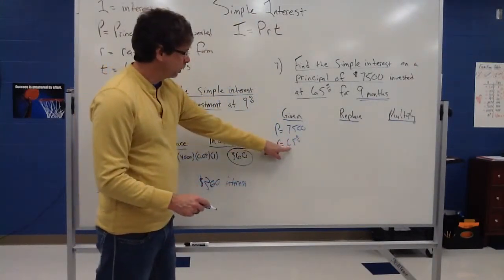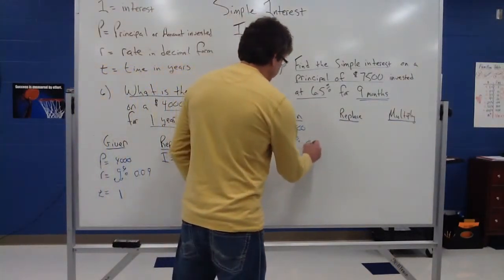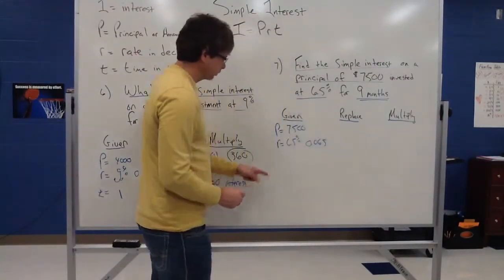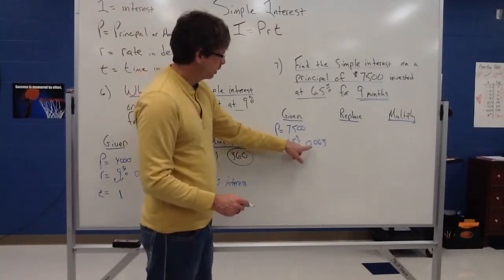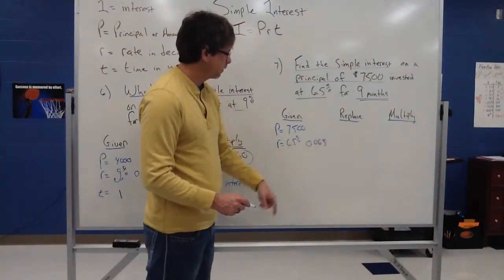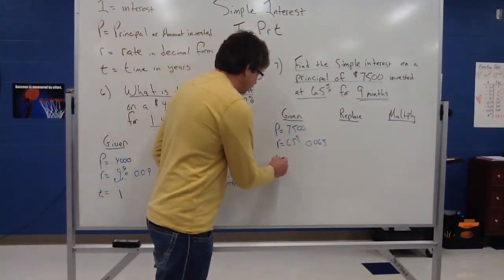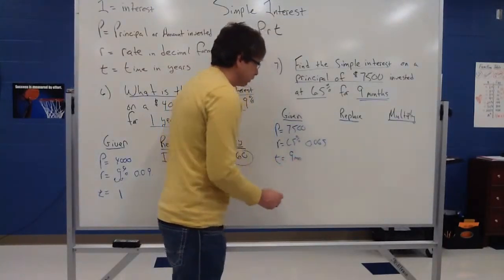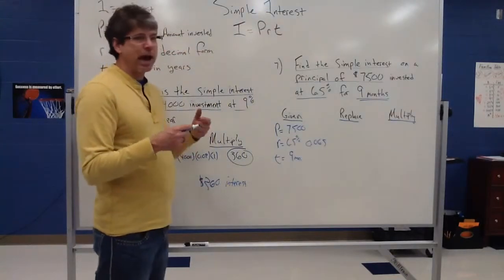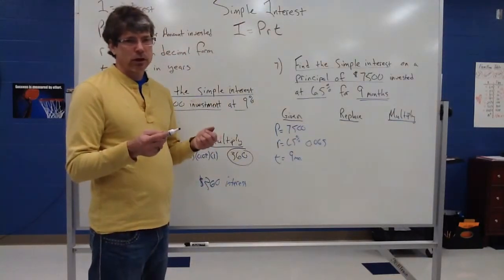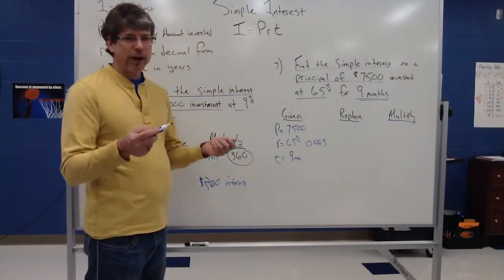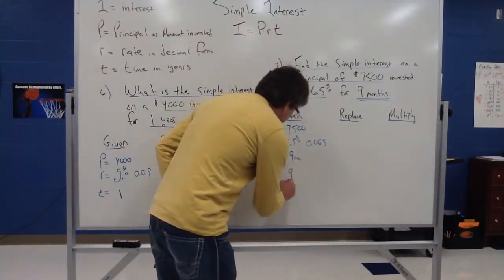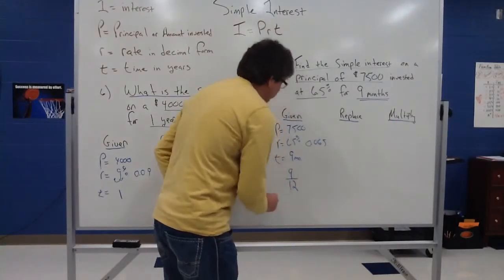So if I move the decimal 2 places to the left, that's going to be 0.065. The time is 9 months, but I have to change 9 months into years. And we know that 9 months is a fraction of a year. Since there are 12 months in a year, that's going to be 9 months out of 12 months.